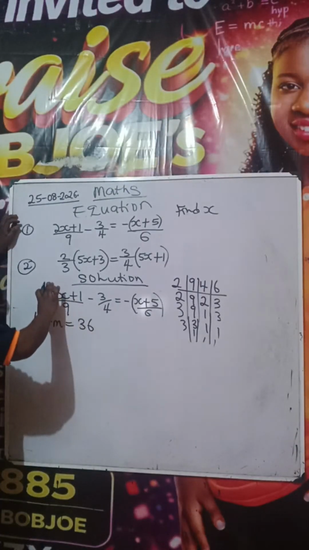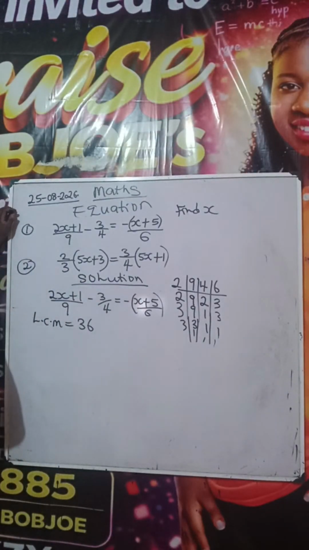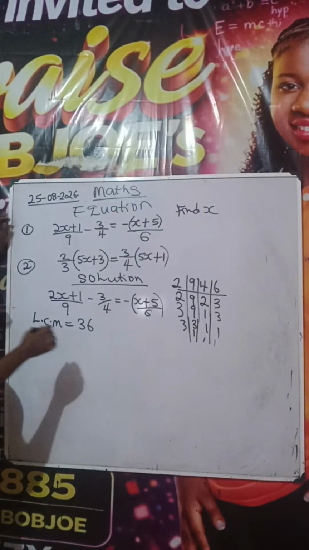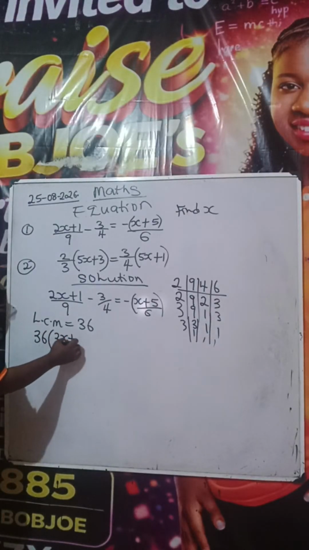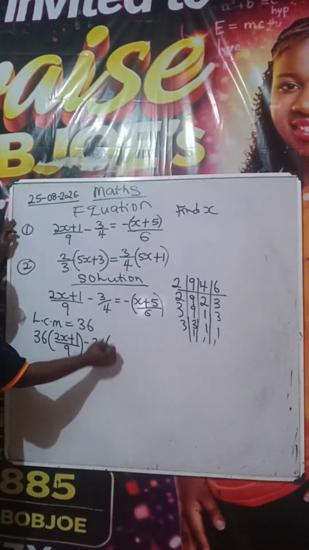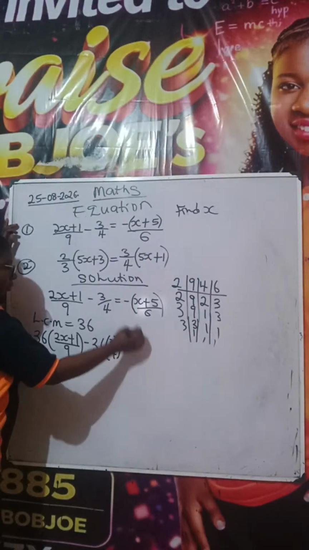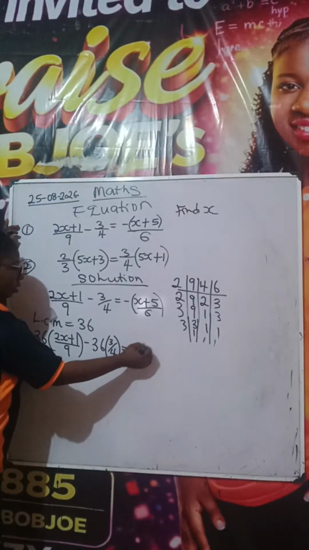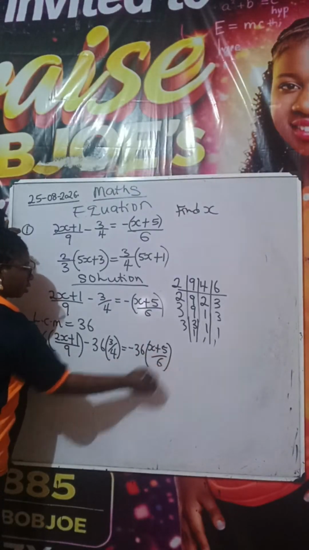Now, we multiply here by 36, here by 36, and also here by 36. So we are going to have a very big number. So we have 36 multiplying 2x plus 1 all over 9, minus 36 multiplying 3 over 4, equals minus 36 multiplying x plus 5 all over 6.